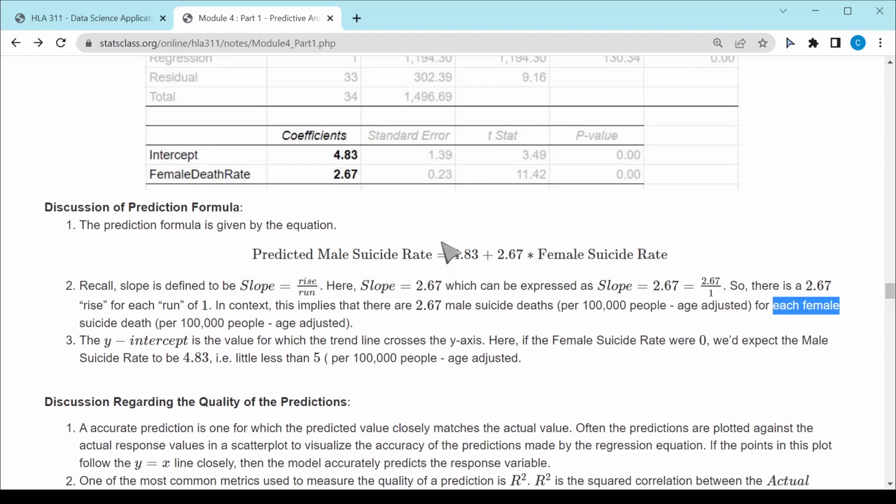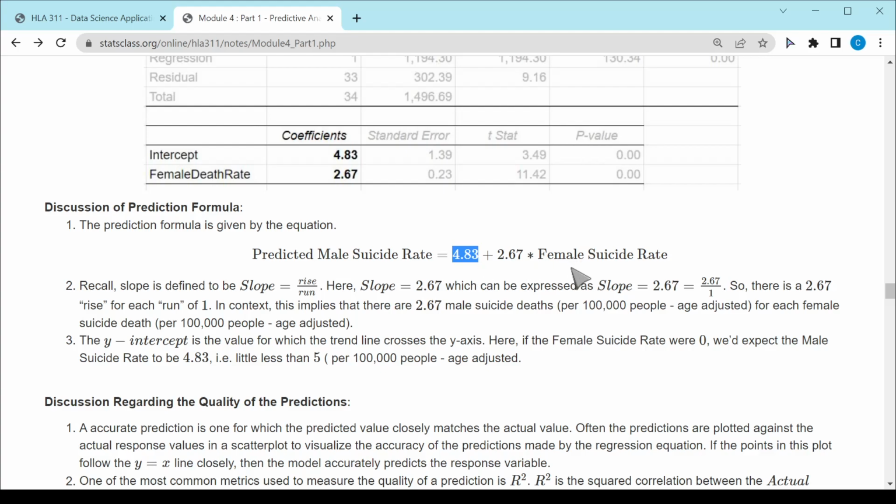Okay, how about the y-intercept? Now, typically the y-intercept is less important or has less practical interpretation, because, so I'm just talking about this 4.83 number now, if the female suicide rate were 0, then this part of the equation would go away, and you'd end up with 4.83.